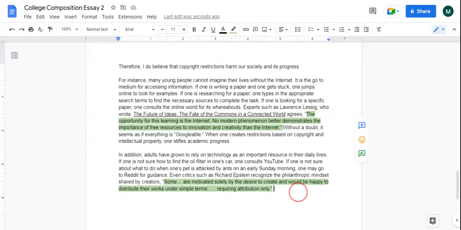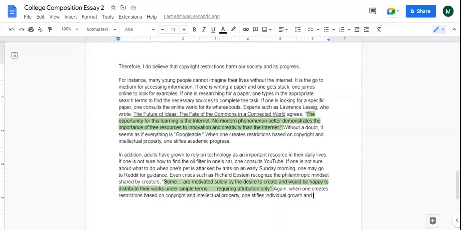Okay, so I'm going to borrow this and repeat myself again because it's argumentative. When one creates restrictions based on copyright and intellectual property, one stifles individual growth.